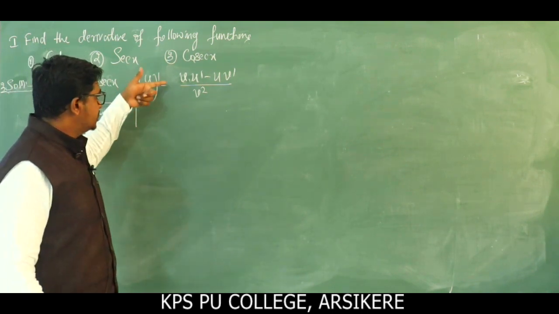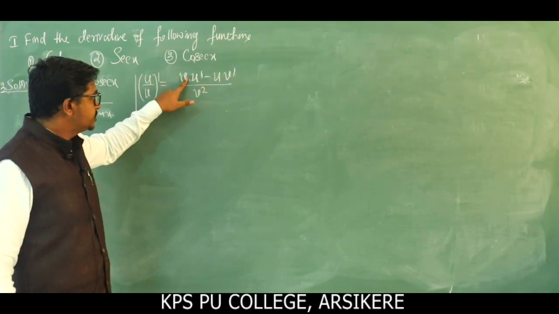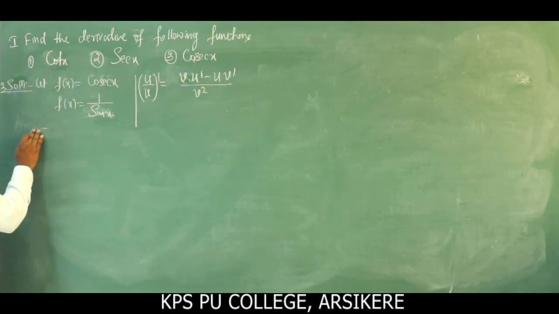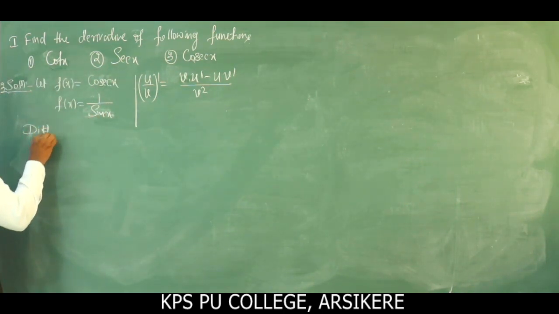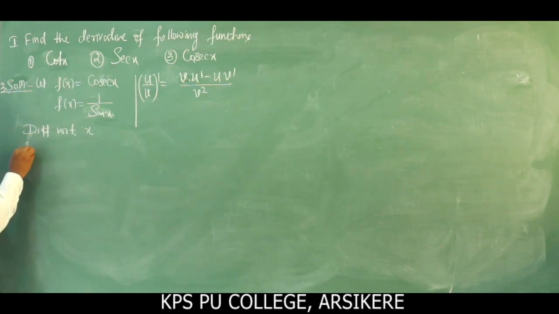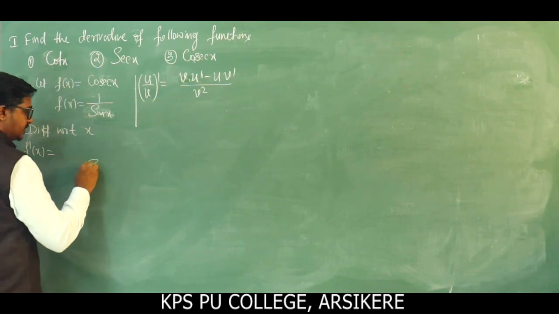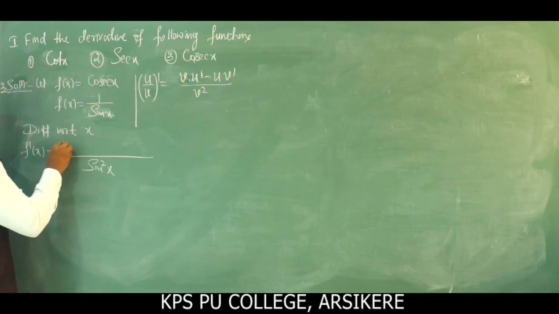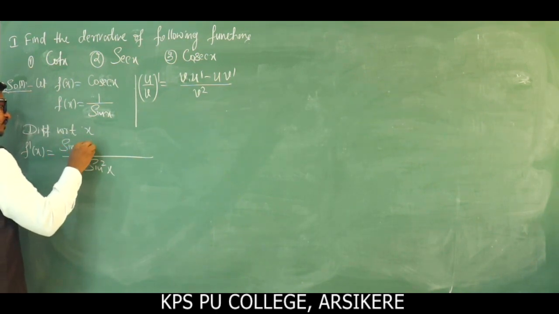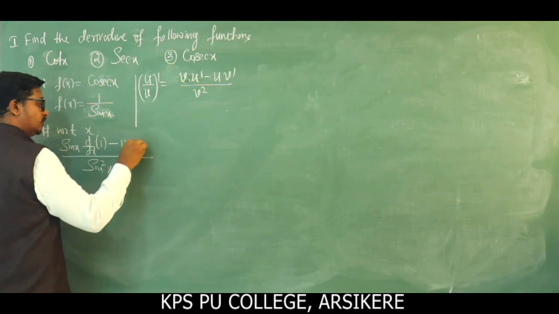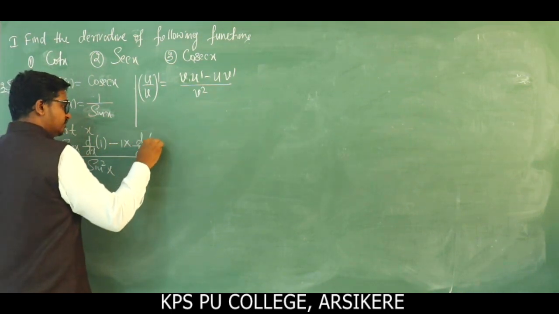u by v whole dash is equal to v into u dash minus u into v dash divided by v square. This becomes, differentiating with respect to x, f dash of x is equal to, first write sin square of x in the denominator. In the numerator, this is sin x into d by dx of 1 minus 1 into d by dx of sin x.